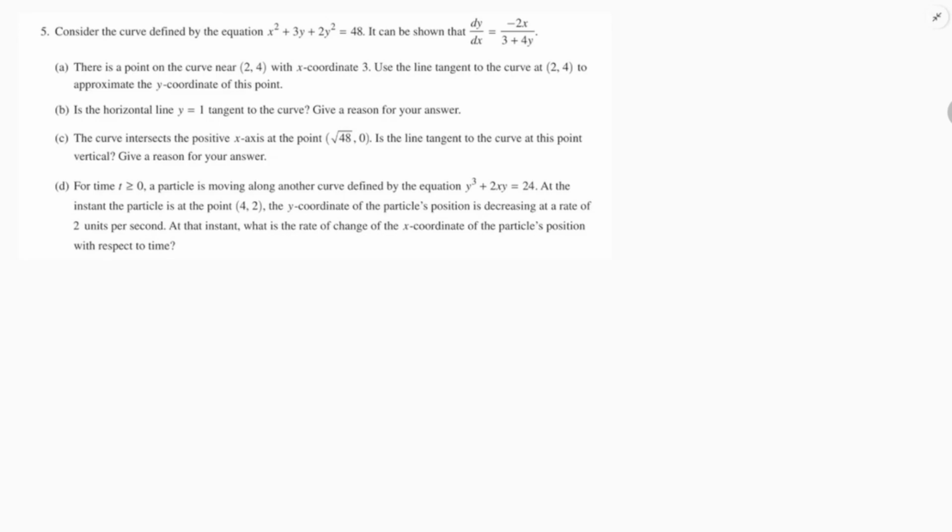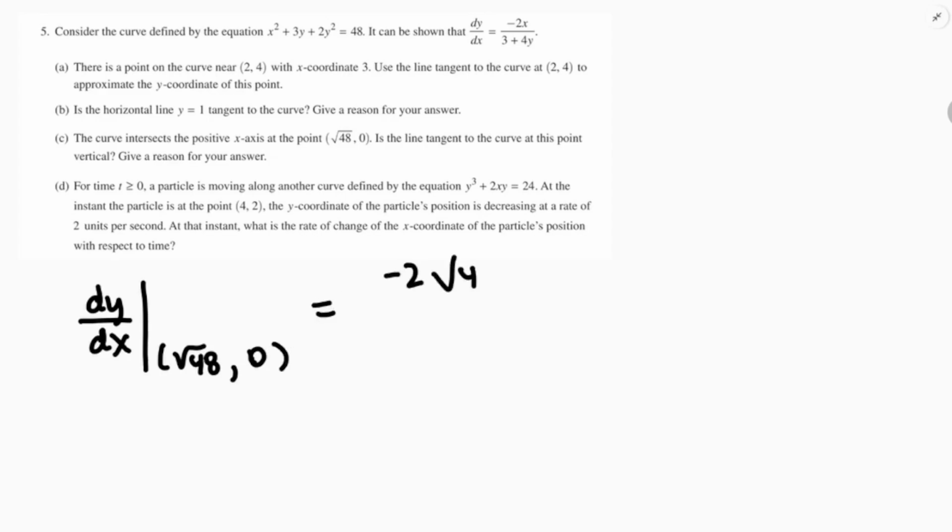So let's think about dy/dx at the point where x equals square root 48 and y equals 0. That's going to equal negative 2 times x divided by 3 plus 4y.